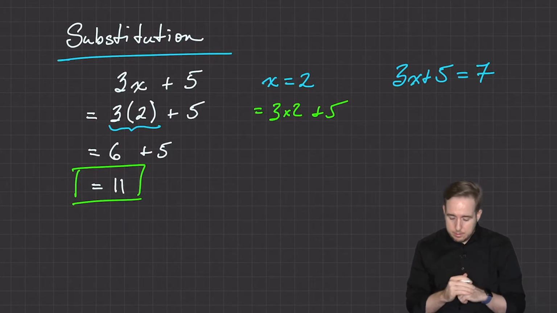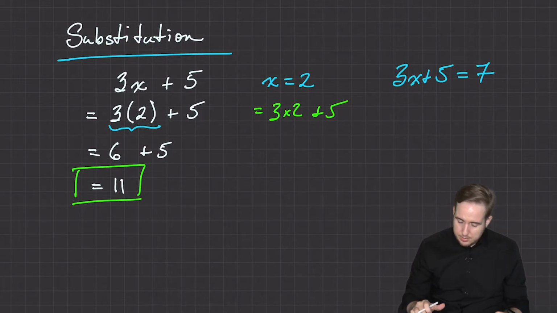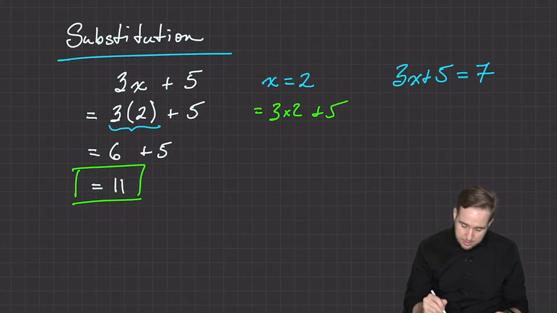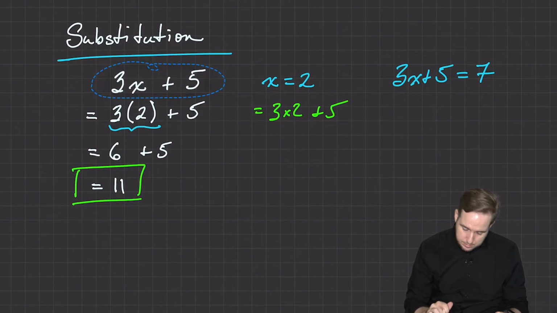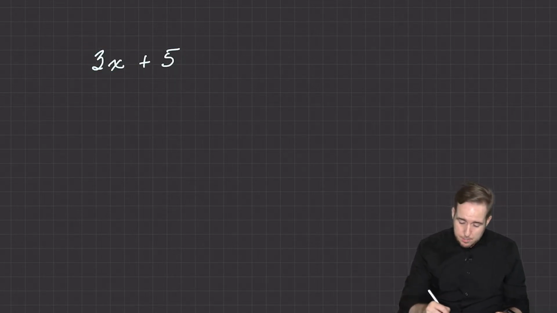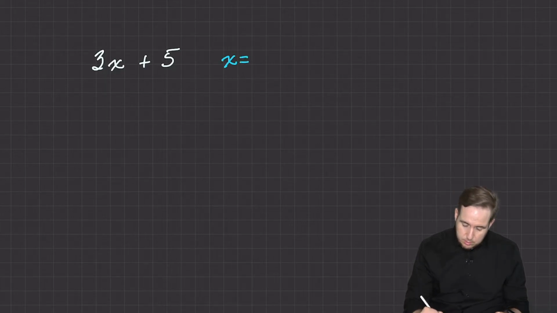Okay? Working down. The other reason that I want to do the brackets is you have to be very careful if it's a negative number. So let's take the same question, but instead of saying x is equal to 2, we're going to say x is equal to minus 4.